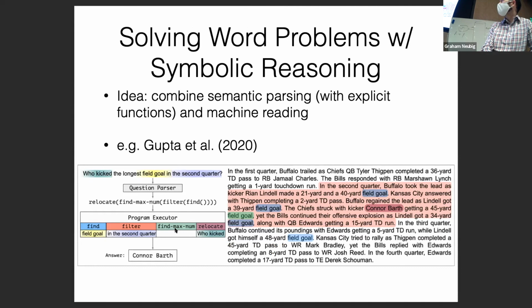Basically, it has a whole bunch of neural modules that try to do things like identifying places in the text that it should be paying attention to, or doing numerical operations over those places in the text, et cetera. So it's a system that's both neural, but also symbolic in that it can do symbolic operations and use those to inform other neural components later. This is a good reference if this kind of area sounds interesting to you.